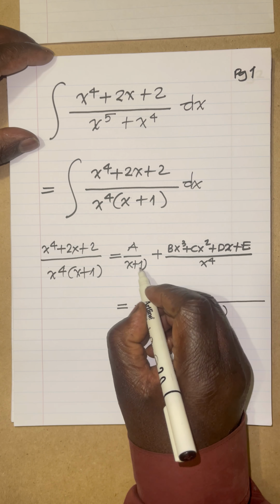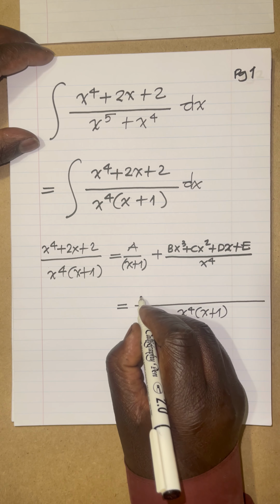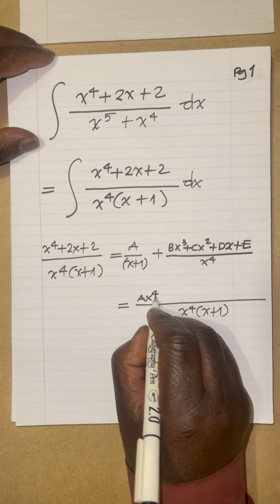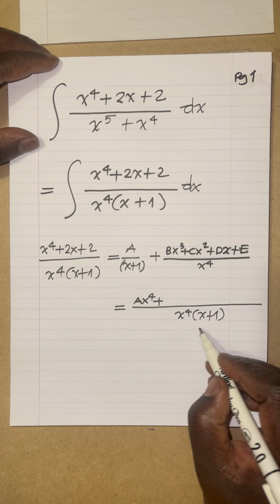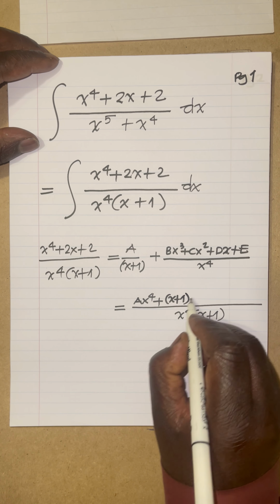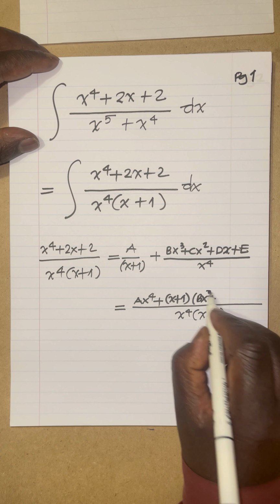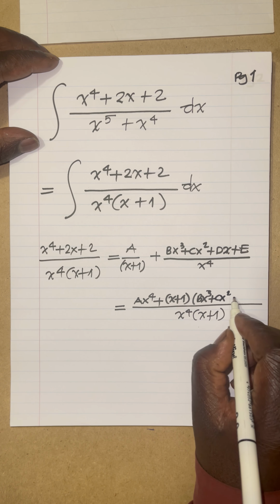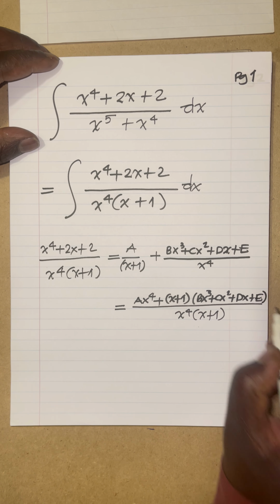And then we divide this expression into that. The answer is x^4 times the numerator, so it is Ax^4. Then x^4 divided in there, the answer is (x + 1) multiplied by the numerator. So we have (x + 1) times (Bx^3 + Cx^2 + Dx + E), like that.